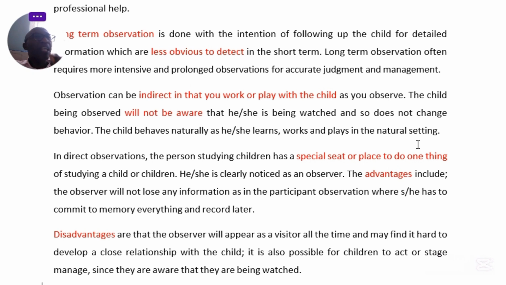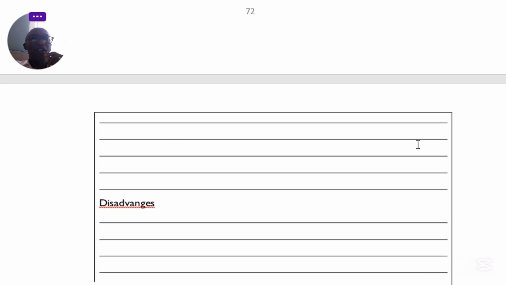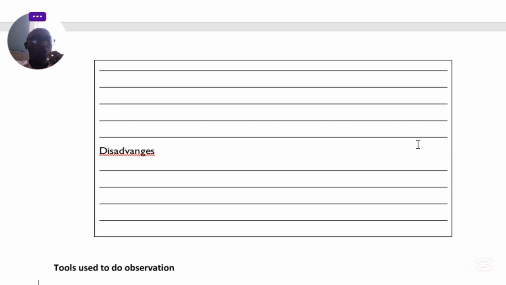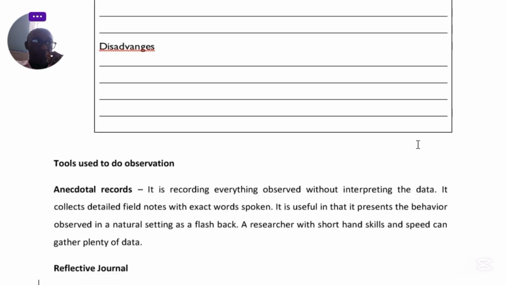The child, if he's not in your class, will view you as a visitor and may find it difficult to develop a close relationship with you. And therefore, the child may decide to simply act out the behavior.